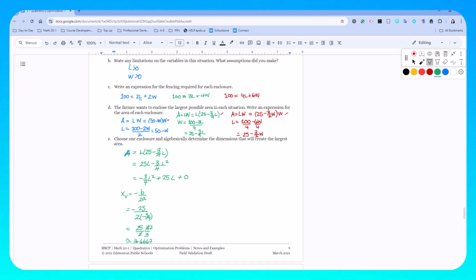Now, we're not going to use this right now. We're holding on to this number. This is a rounded number. Now, this one is 25 times 2, which is 50 over 3.